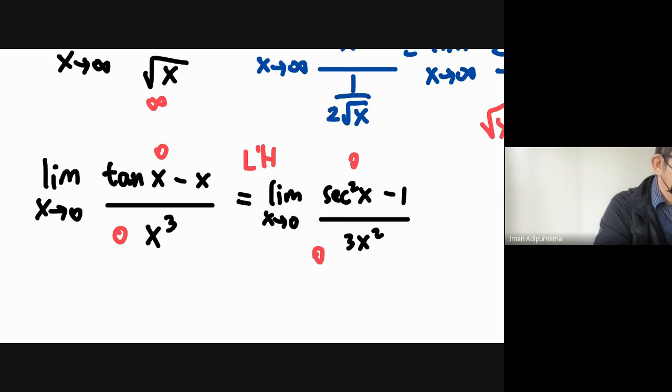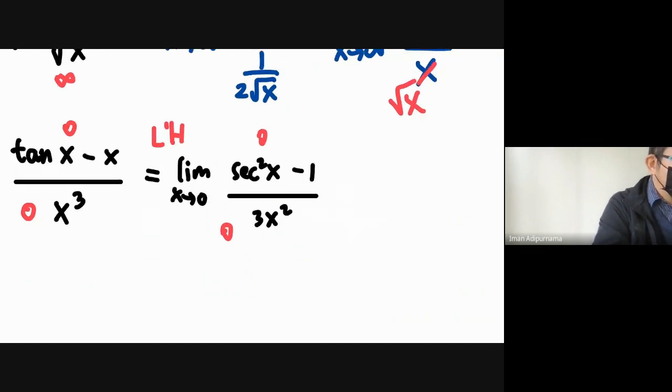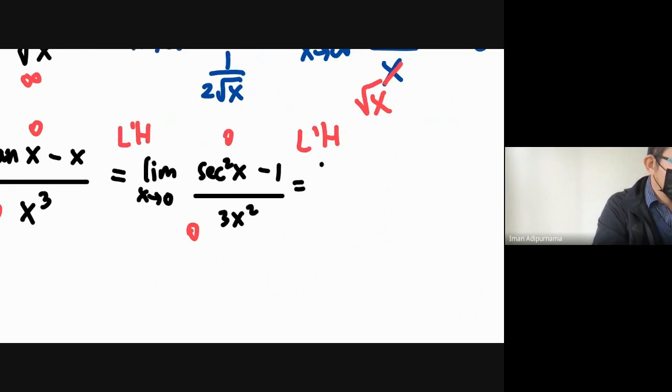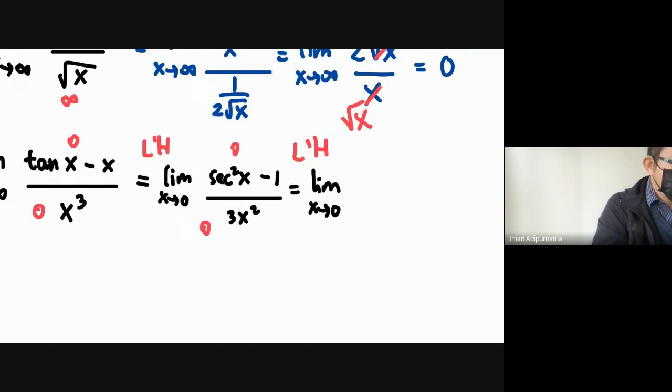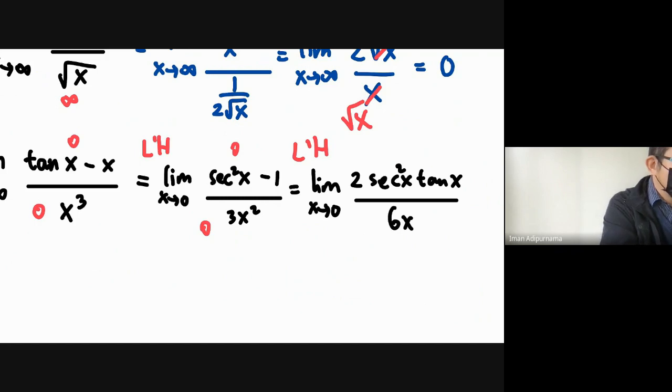Still 0/0. You may do L'Hopital as many times as you want, because we still have 0/0. So this will be 2 secant x, and then the derivative of secant x is secant tangent, so this will be secant squared x tangent x. This is 6x.